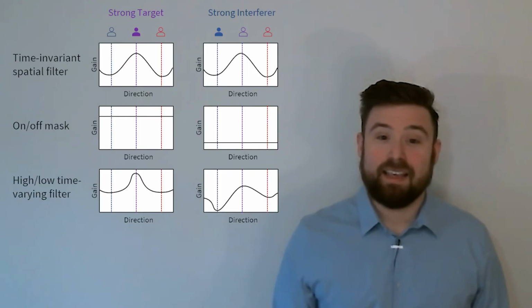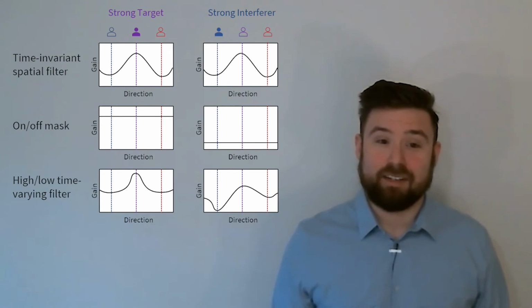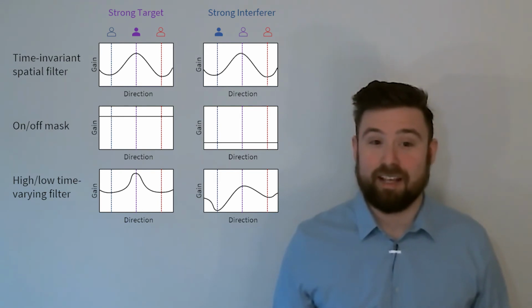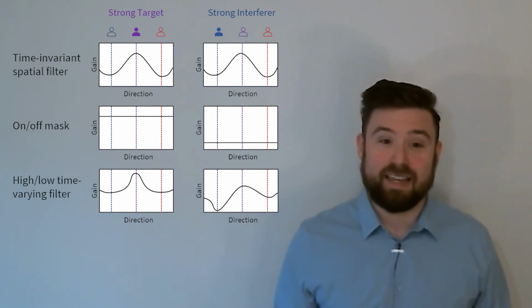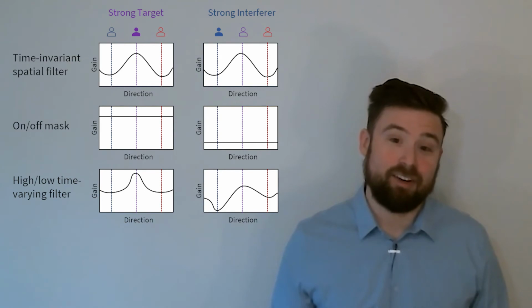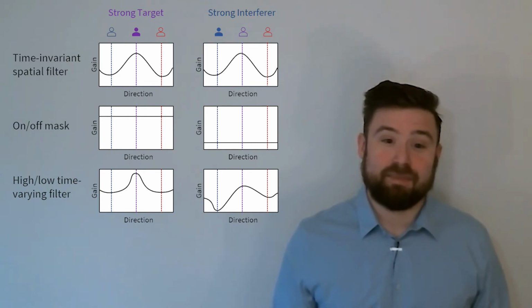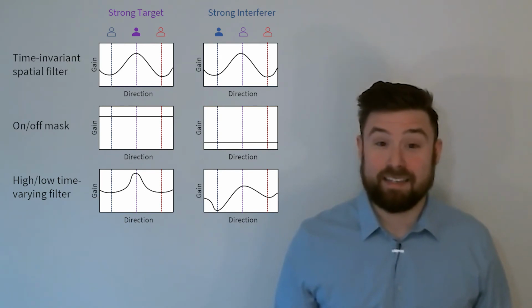Let's see what happens when we design a time-varying spatial filter using the high-low model. Suppose that we're trying to isolate one talker from a group, but we don't have enough microphones to perfectly cancel everyone else. A linear time-invariant spatial filter tries to minimize the long-term average square error, so it blocks the other talkers as much as possible, even when they're quiet.